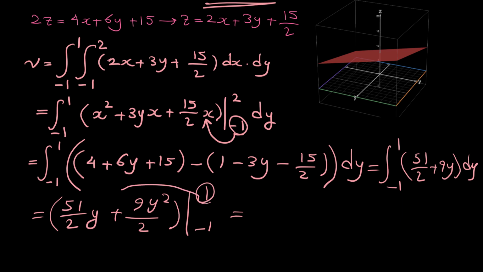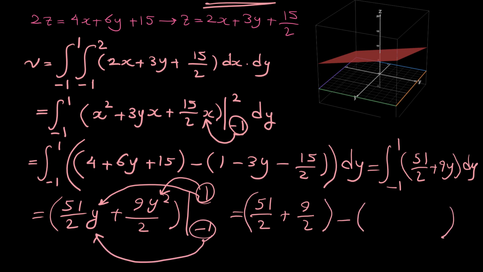If we plug in 1 here, we have 51 over 2. And if we plug in 1 here, we have 9 over 2. All of this minus. Now we have to plug in -1. Then we have minus 51 over 2. And if we plug in -1 here is 9 over 2.